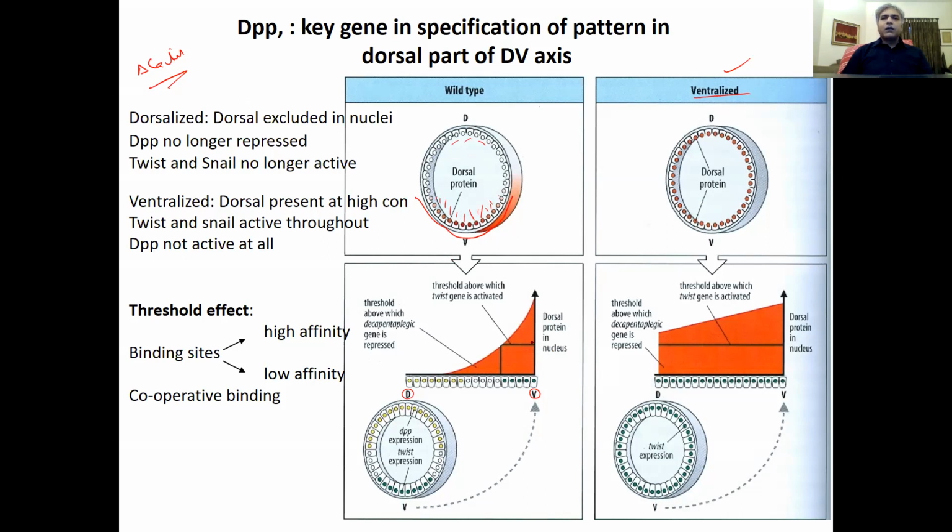So up to this maximum concentration, you have the ventralmost region. And then as you can see, the lower concentration can be the neuroectodermal cells, and then dorsal ectoderm, etc.